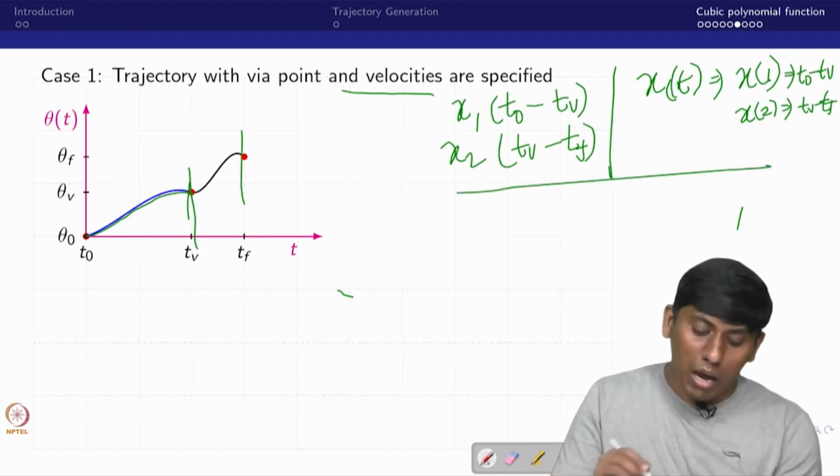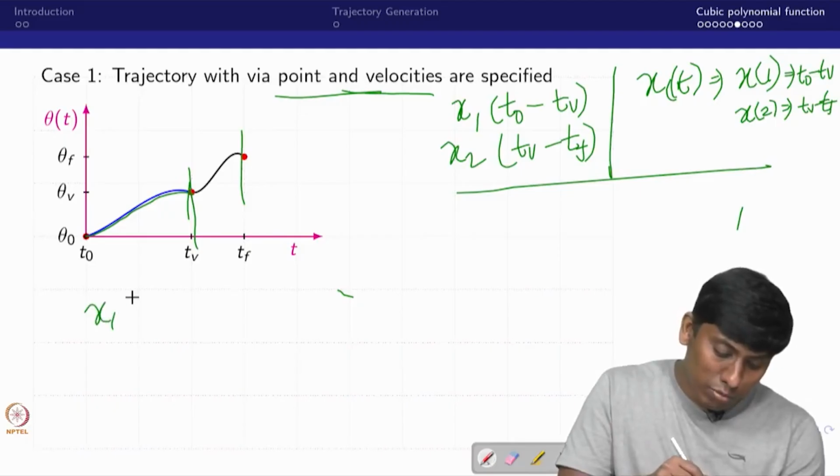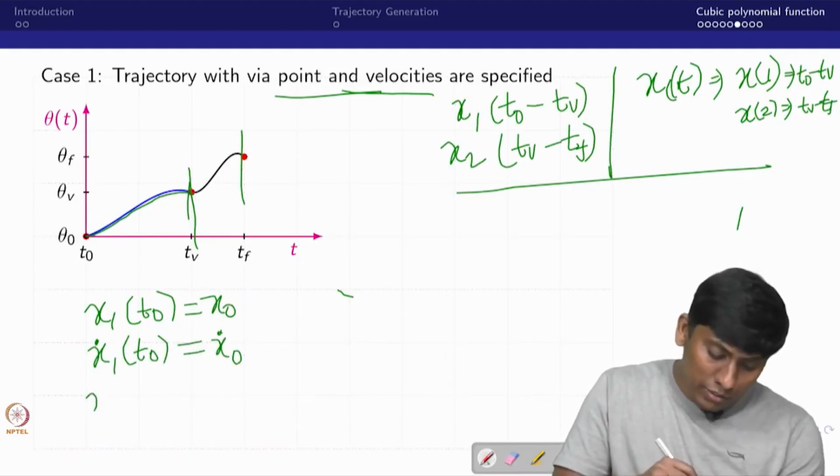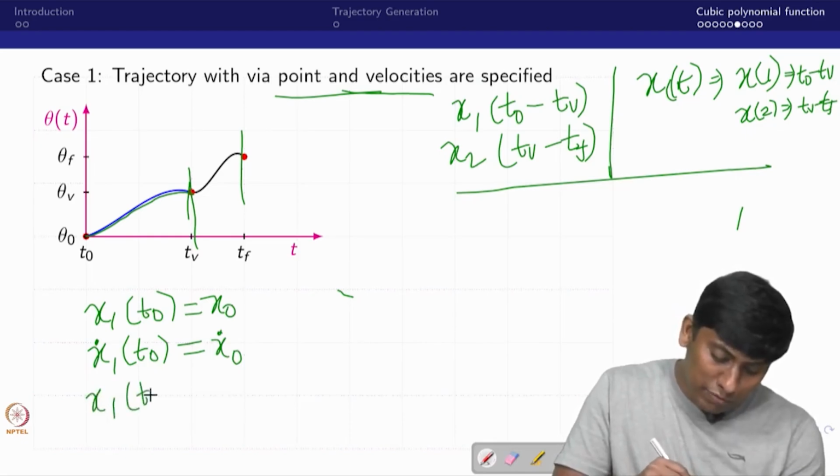So in that sense you have the via point velocity. I said that x1 of T0 is x of 0, and x1 dot of T0 is x dot of 0. Okay, so x1 of TV is xv.